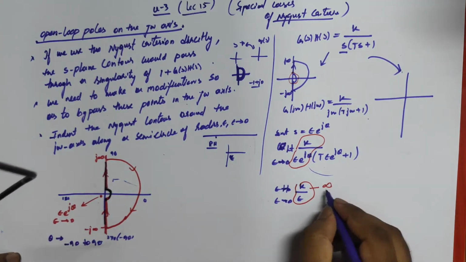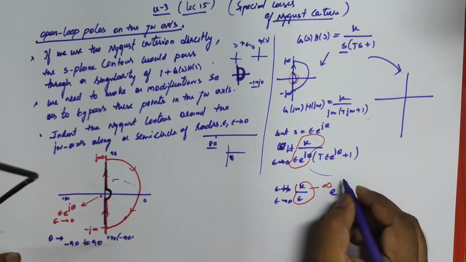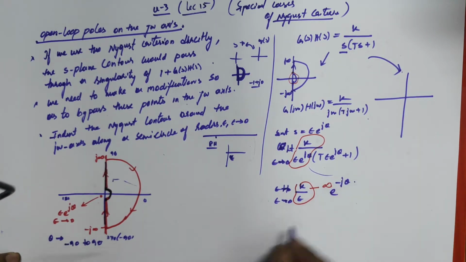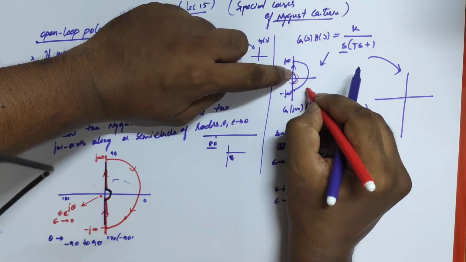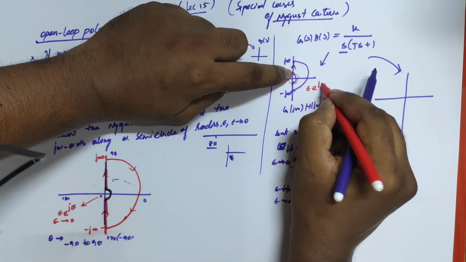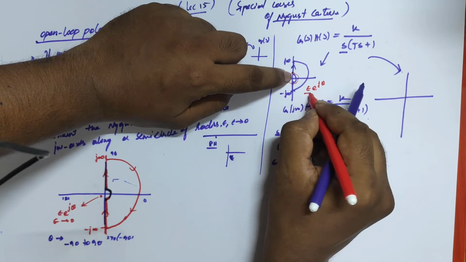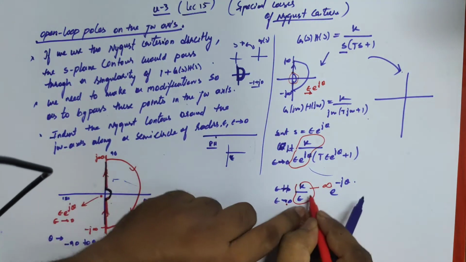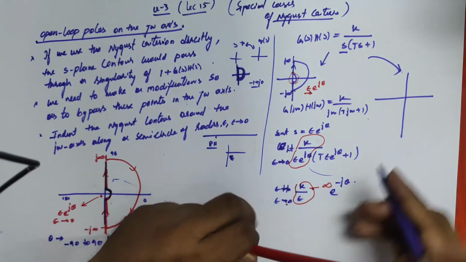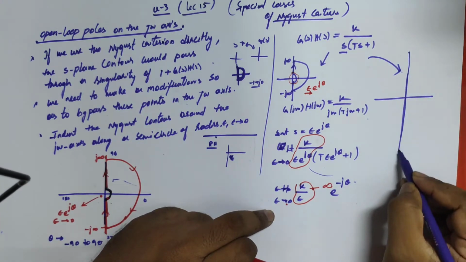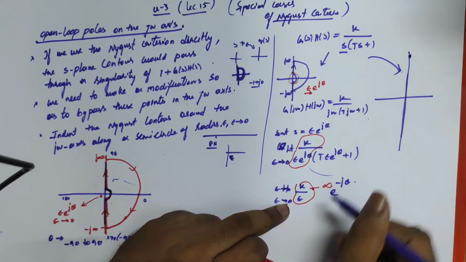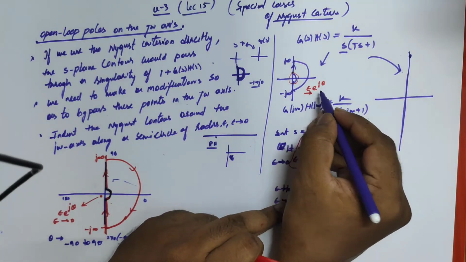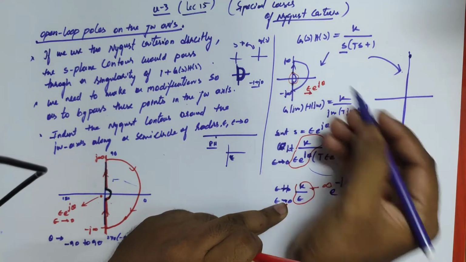And the theta value, what happens here is minus j theta. So this is a function of e power minus j theta. If I'm varying epsilon naught toward 0, I'm getting an infinite value. That means in the Nyquist mapping, I should place an infinite value for the initial point, with the angle where theta is varied from minus 90 to plus 90.